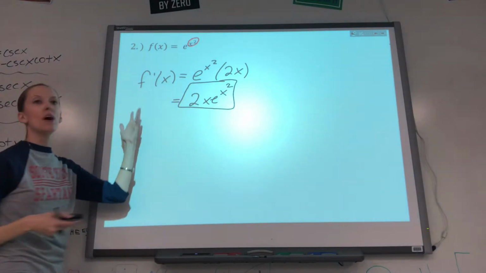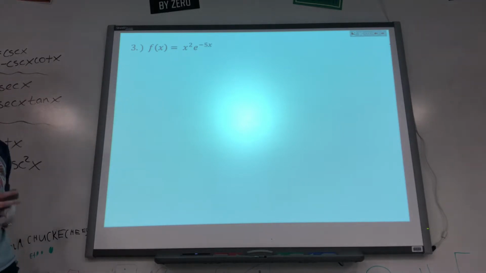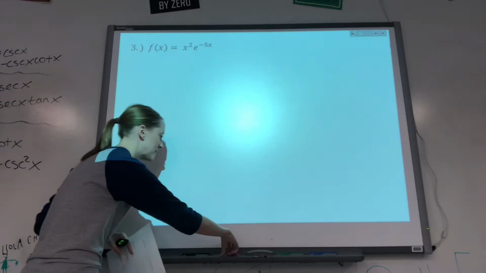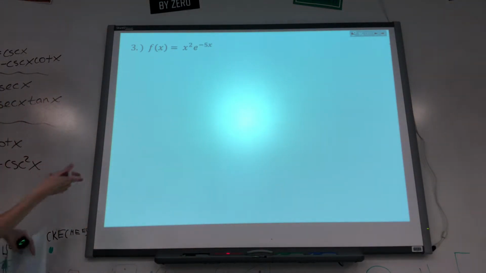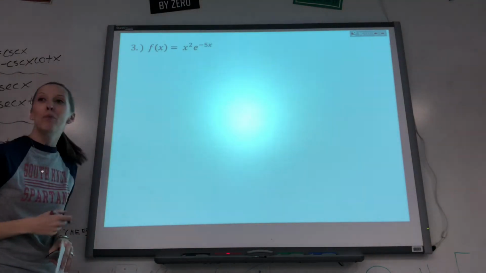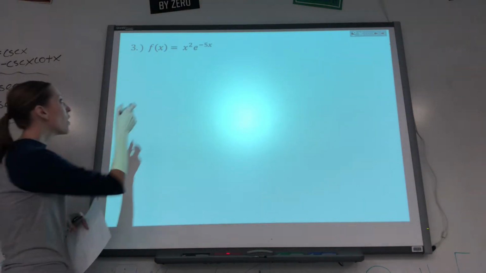Okay, now every once in a while you'll come across a function where there's maybe a little bit more going on. It's not just e to a power. Example 3 has f of x equals x squared e to the negative 5x. At some point, I am going to have to use my little derivative rule for exponential functions, but anybody know what rule I actually need to start out with? Product rule.